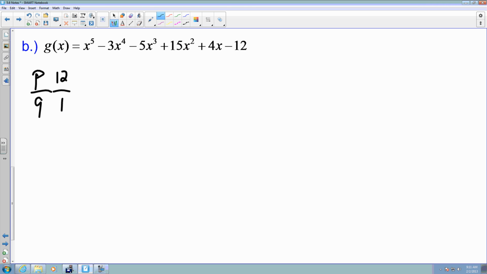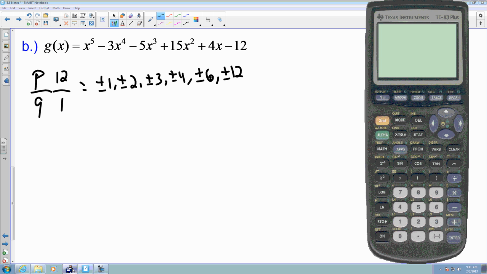So I don't have to deal with the denominator, I just have to deal with the numerator. So my possible solutions are plus or minus 1, plus or minus 2, plus or minus 3, plus or minus 4, plus or minus 6, and plus or minus 12. So those are the list of the possible solutions.